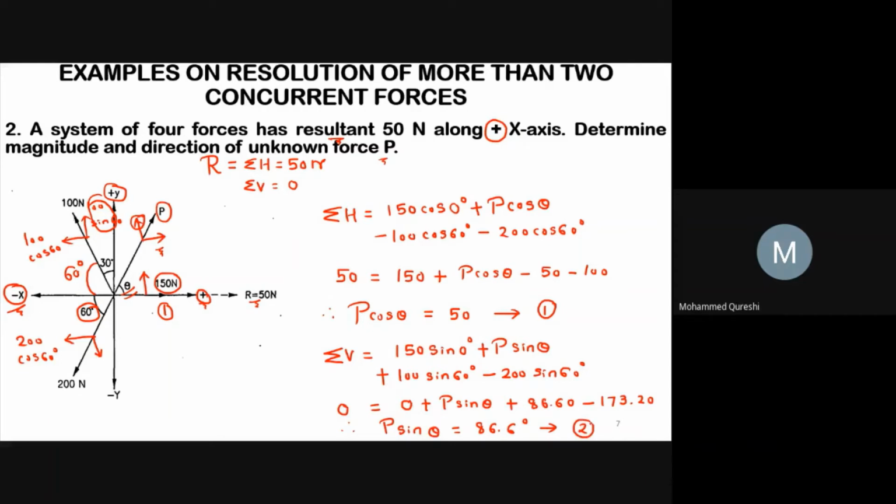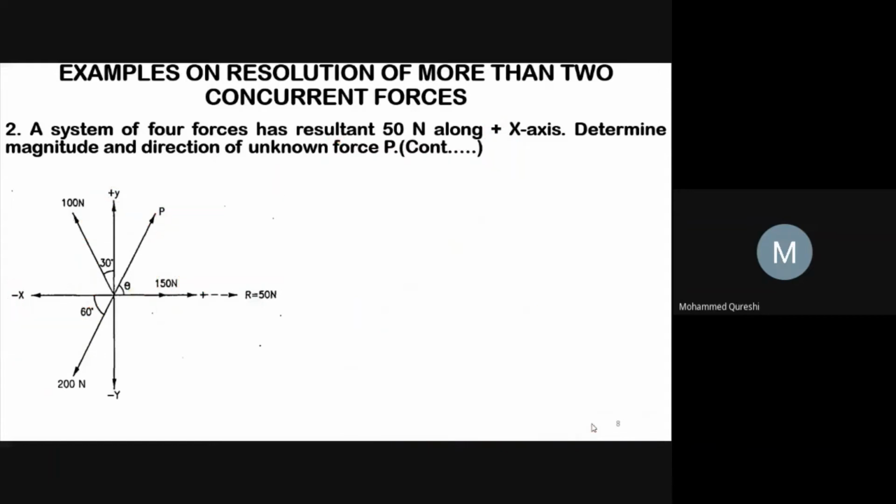So we have two equations in terms of P cos theta and P sin theta. We have to find the value of P as well as theta. So next step, we know that sin upon cos is tan.